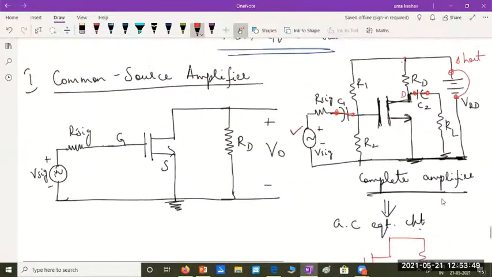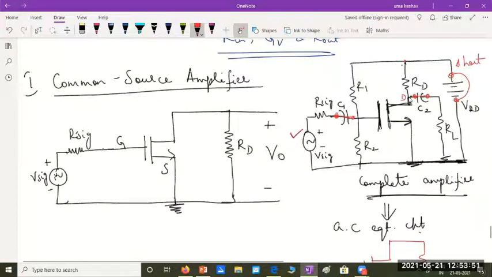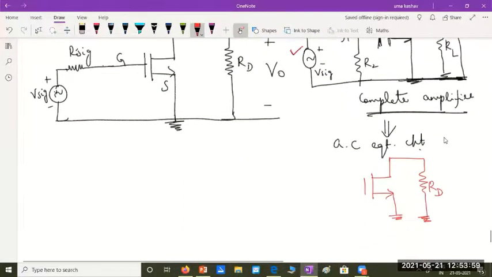Okay. And then I have another resistor at the drain here, that is RL, the load resistance, which is also connected between drain and ground. So if I include that resistance, I should write one more resistor here, RL, connected between drain and ground. And across this, we are going to measure the output voltage.